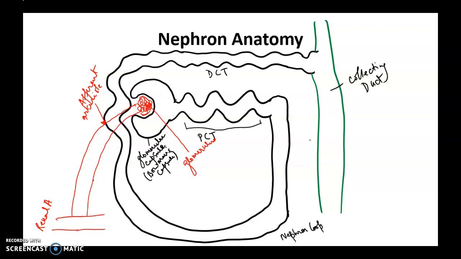The glomerulus will give rise to a second portal vessel, and this portal vessel is called the efferent arteriole.